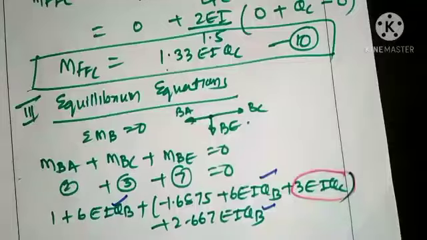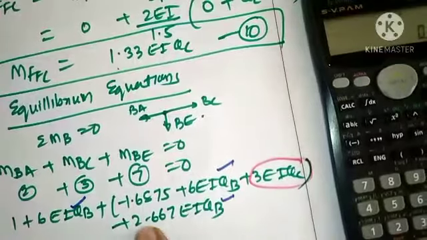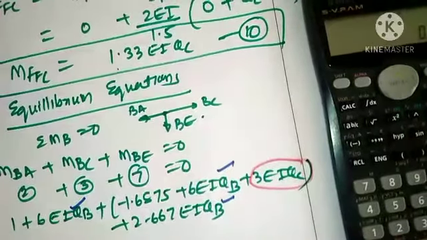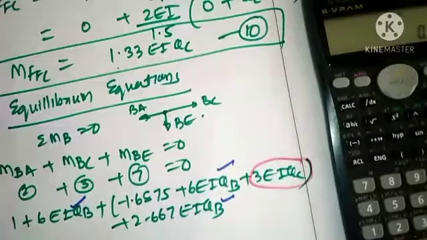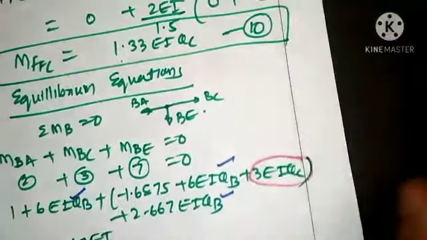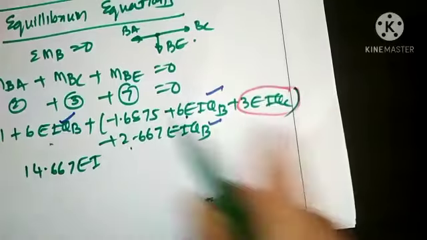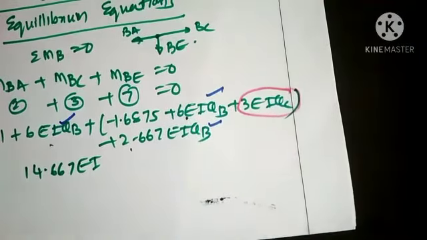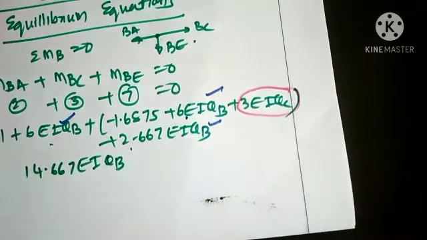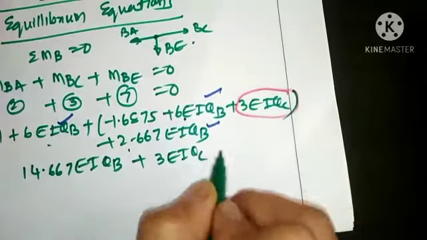So I need to add up all the theta B terms. 6 plus 6 will be 12, 12 plus 2.667 will come as 14.667 EI theta B. Then the next term will be 3EI theta C.